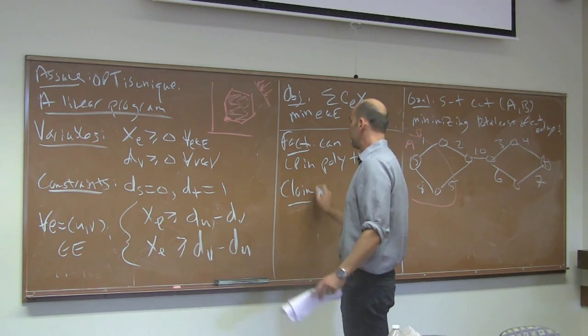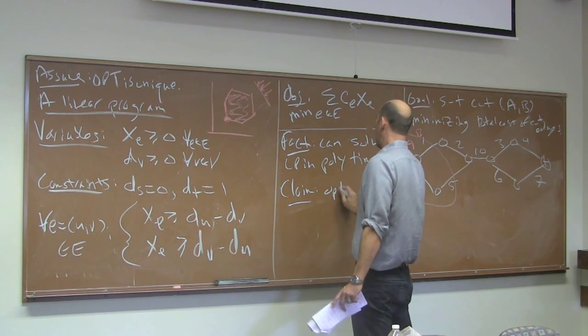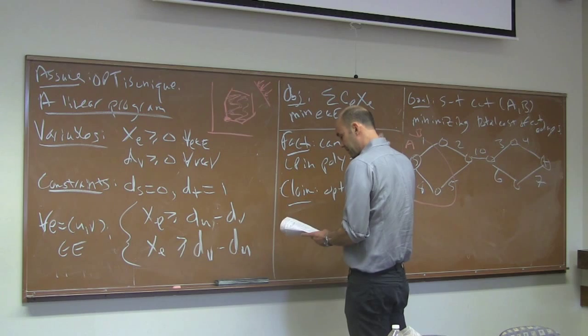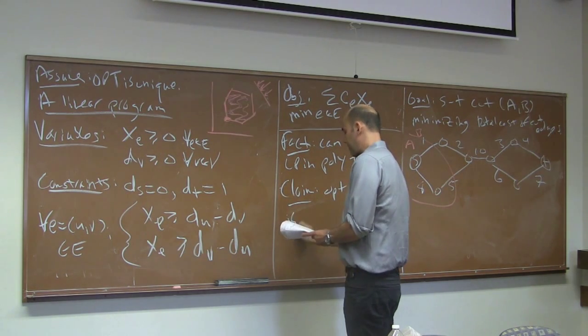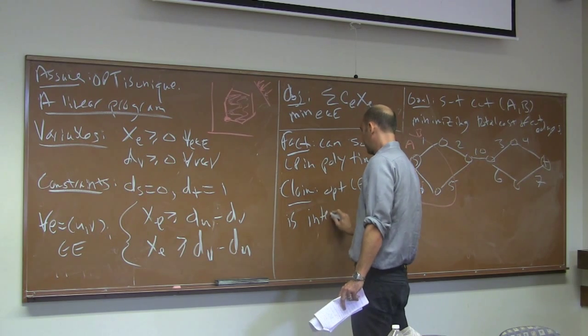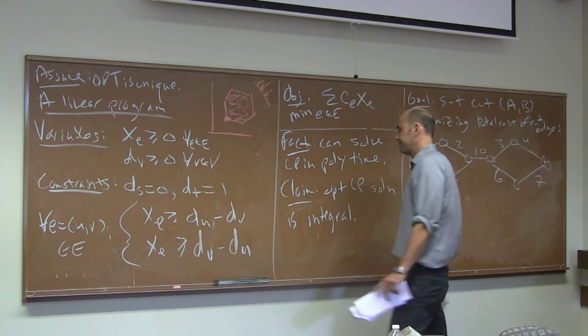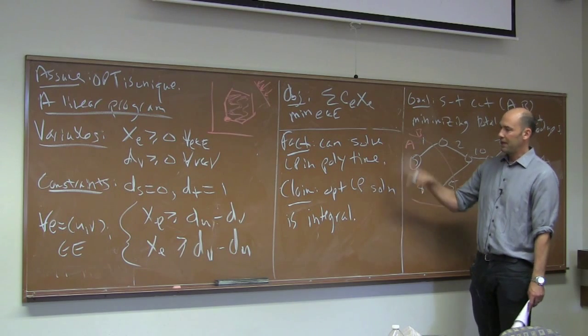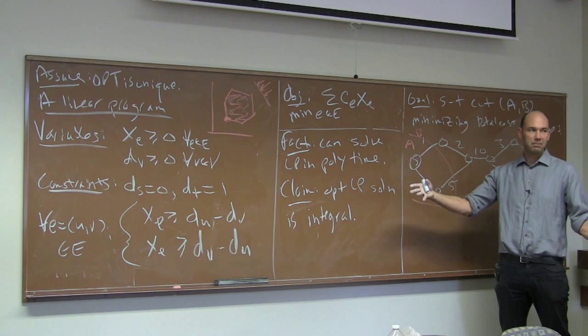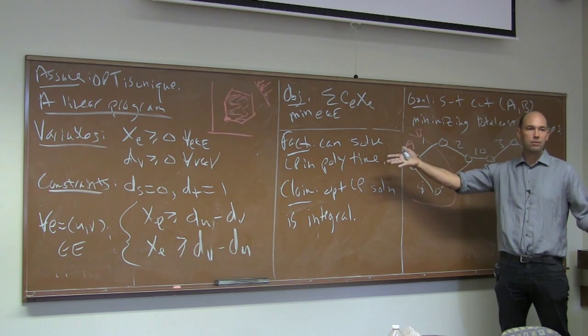But here's the claim. The claim is that the optimal solution to this linear program is not something that we can't interpret. It's not fractional. In fact, it is integral. So we just write down this LP, stick it into our favorite LP solver, and out pops on a silver platter this unique optimal cut.